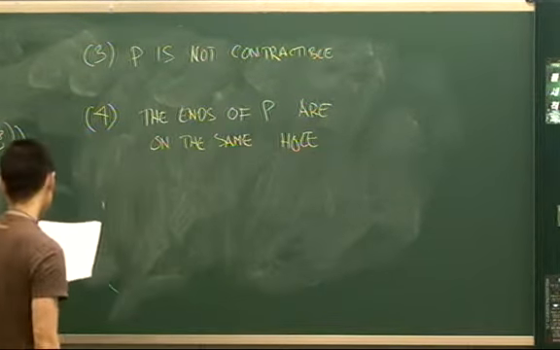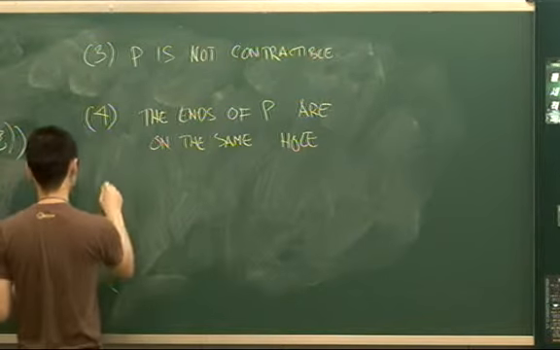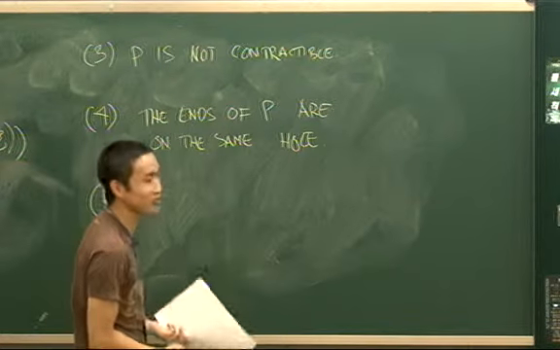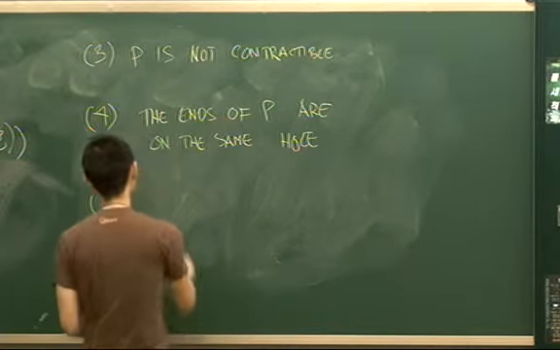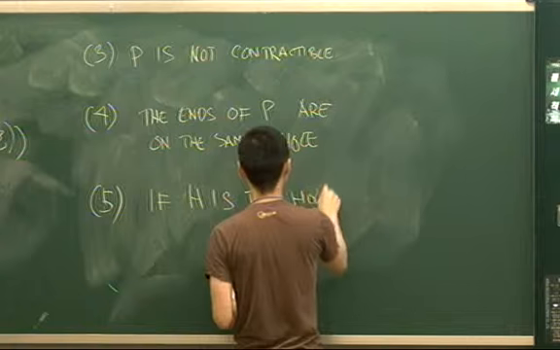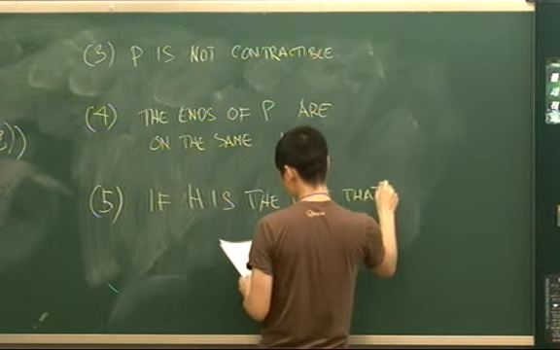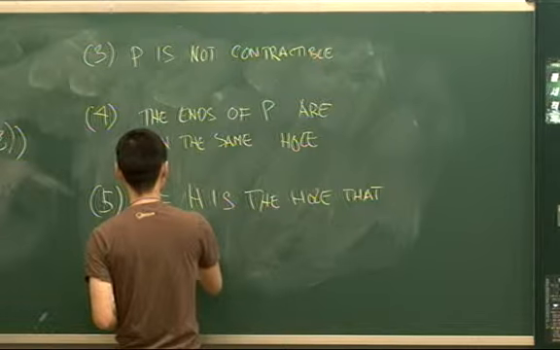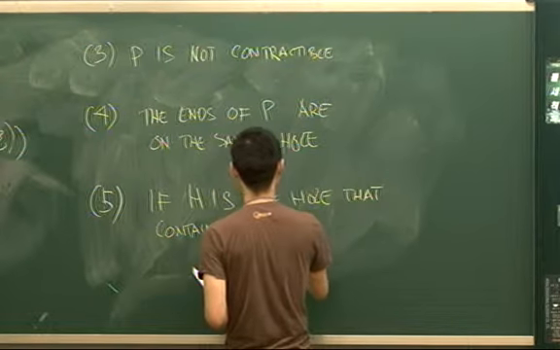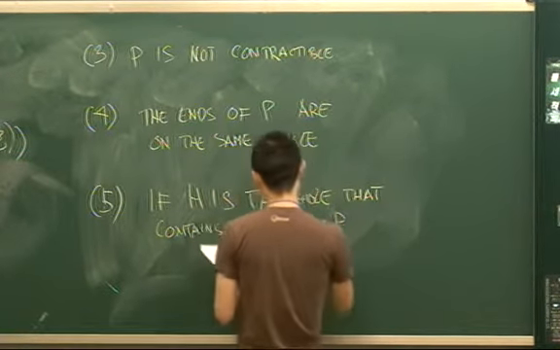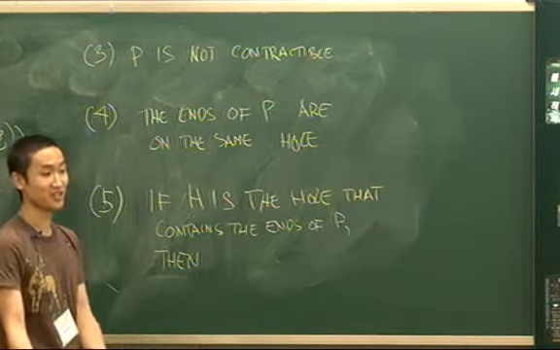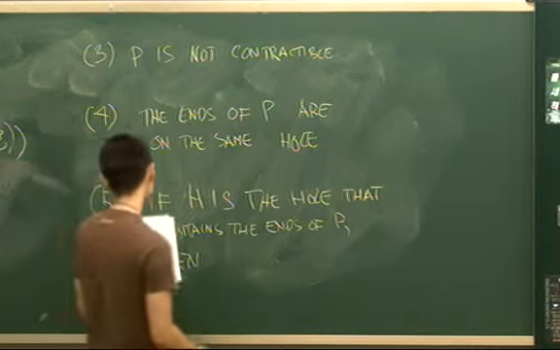Good. So now we know that there is some hole that contains both endpoints of P. This hole H, I claim, must at least contain another linkage vertex.